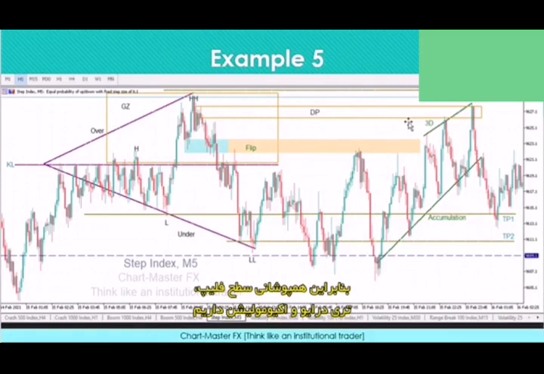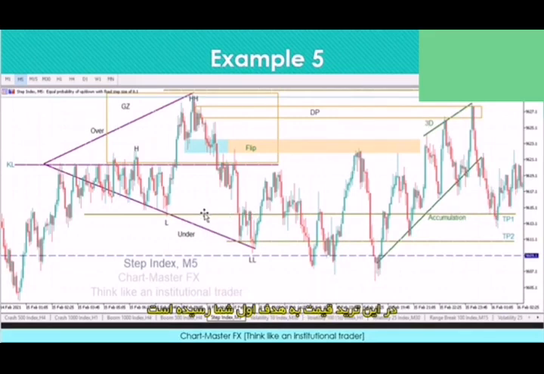So you would sell here and the price was able to drop, and on this trade you may have hit your first take profit, but it might have been impossible for you to take your target profit number 2. So guys, that's all about the key level over under.